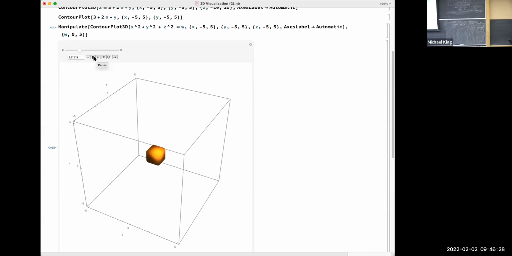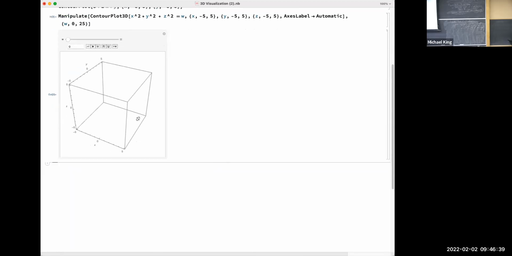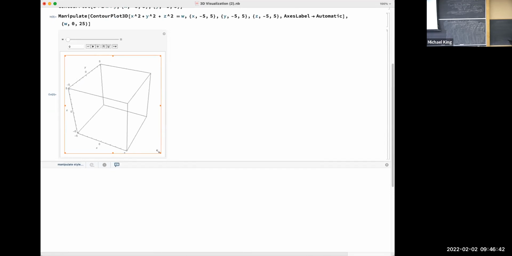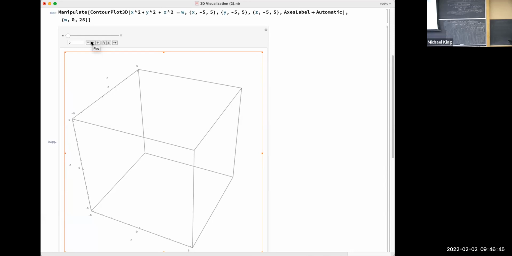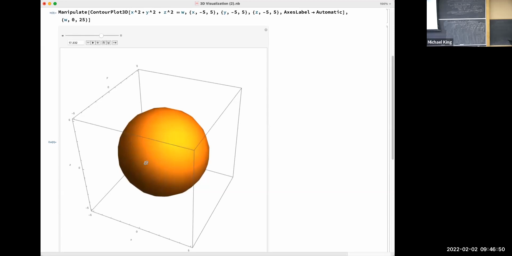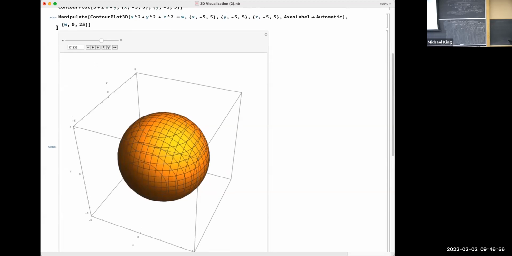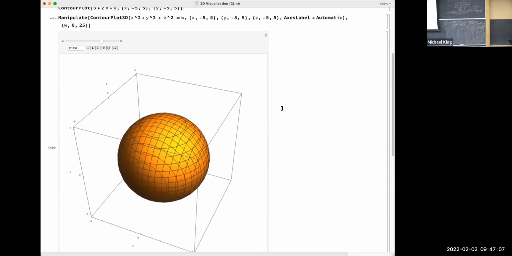Oh wait, I should do 0 to 25. So I'm playing this like a movie. If I stop it anywhere, it needs time to render to be an actual sphere. But if I stop at any height, that's the w value I'm picking, I get a sphere. So again, you can't really picture this, but you can sort of picture it as a movie of spheres.